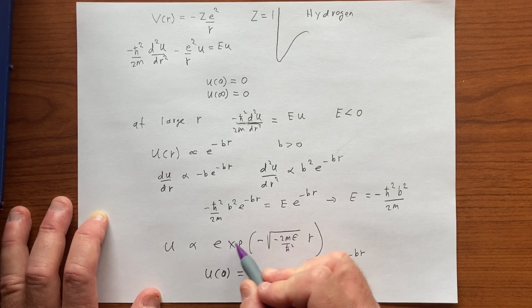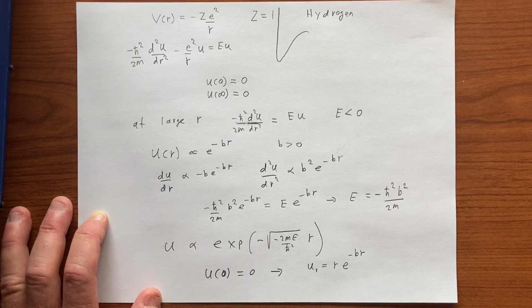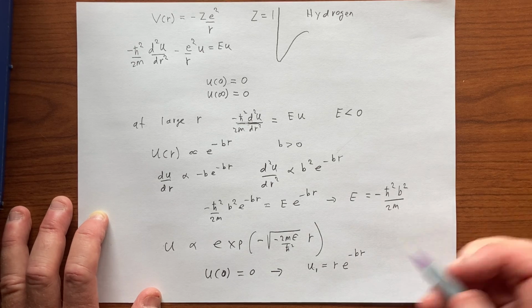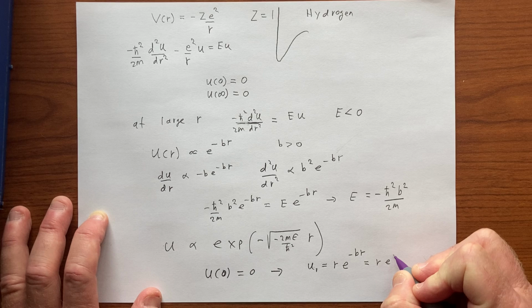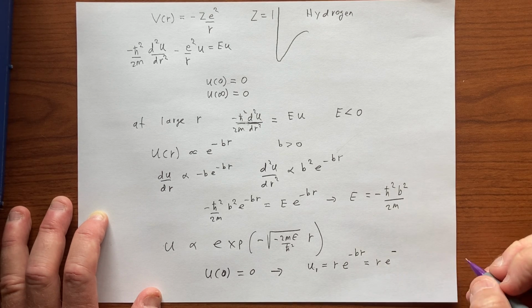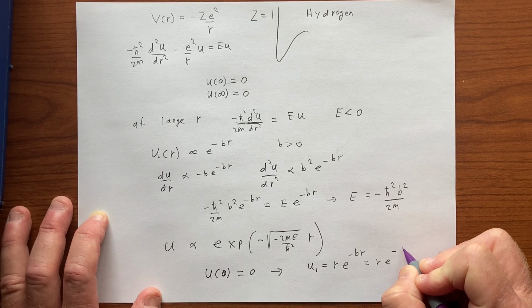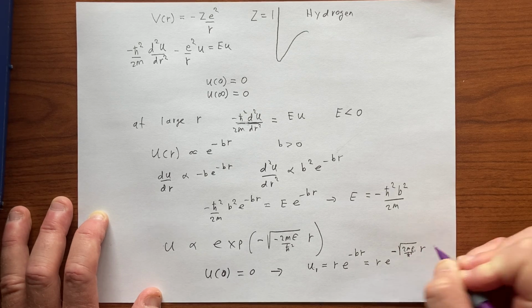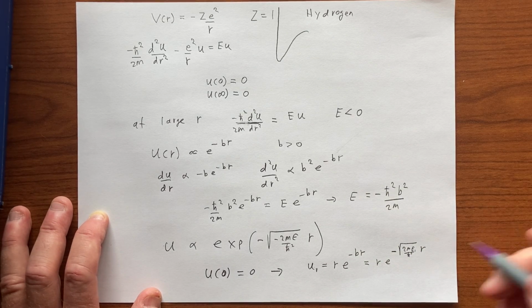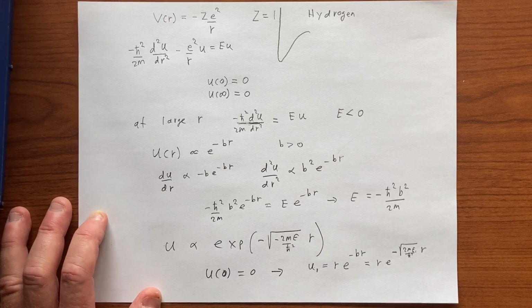So that's what our function looks like. Let's substitute this. Really we should write r e to the minus square root of minus 2m E1, where E1 is this lowest value of energy, times r. If we put it into the Schrodinger equation, we should get a constraint on the energy.